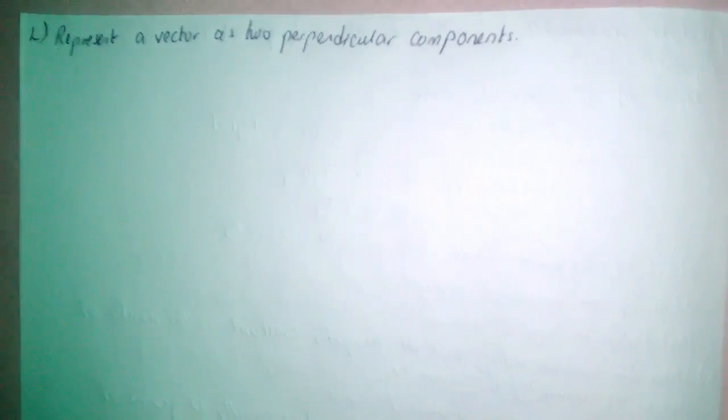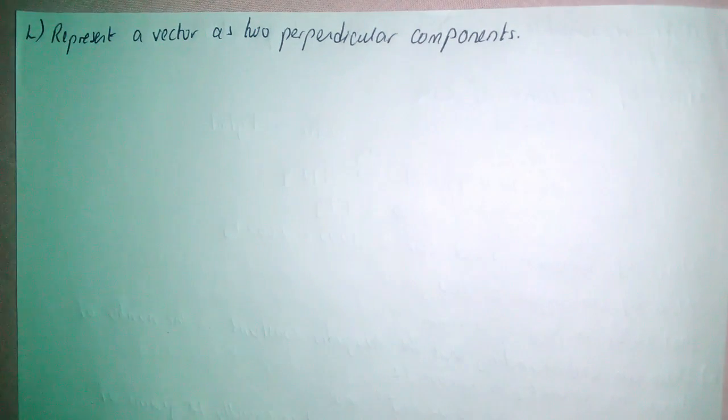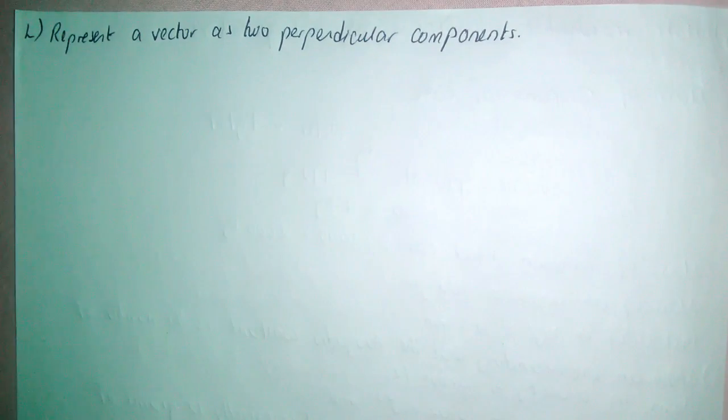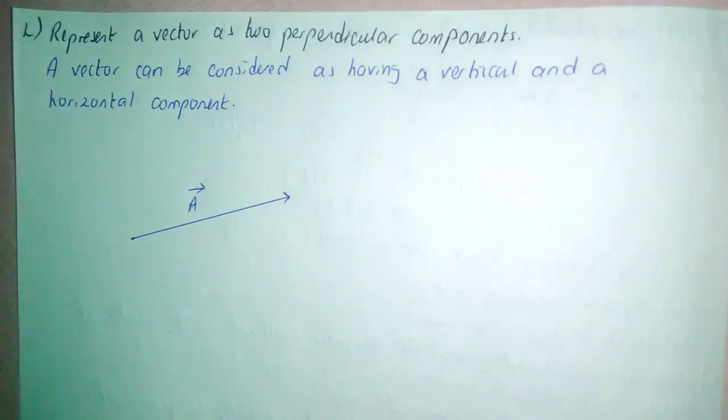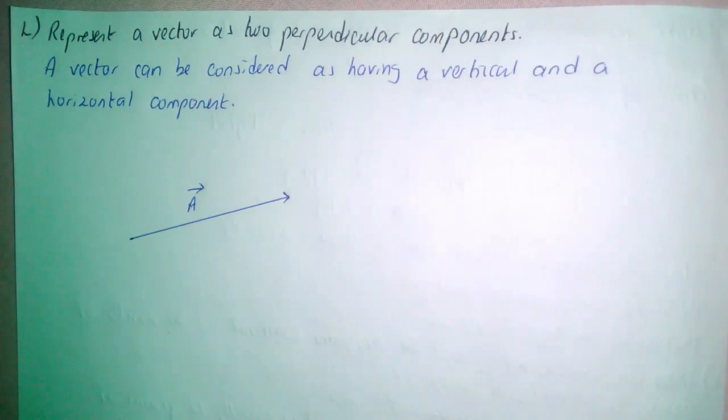Now let's move on to part L. So we're going to be looking at how to represent a vector as two perpendicular components. Now any vector can be considered as having a vertical and a horizontal component. Let's take for example this vector A. Now I'm going to draw two axes to show the vertical and horizontal axes, which I'm going to use to calculate the vertical and horizontal component of this vector.